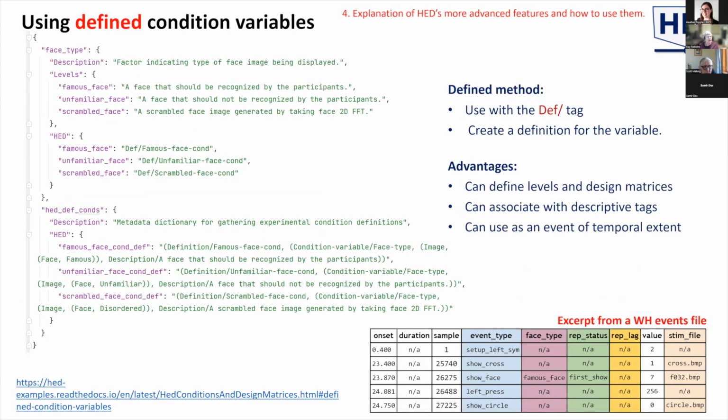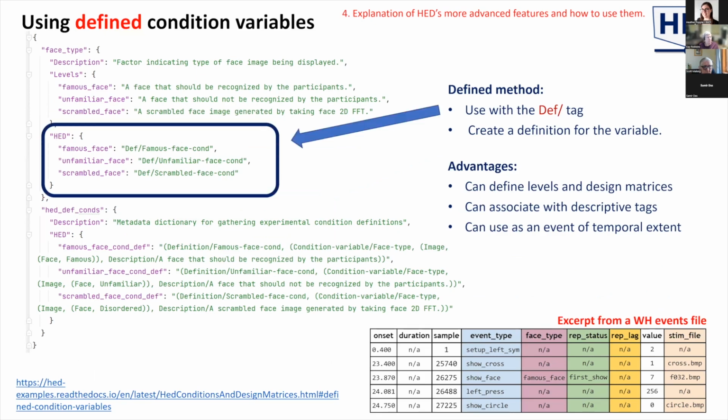So in defined, instead of saying condition variable and whatever you want, you say def and whatever you want. Just using the def means this is a defined term, and doesn't necessarily say it's a condition variable.